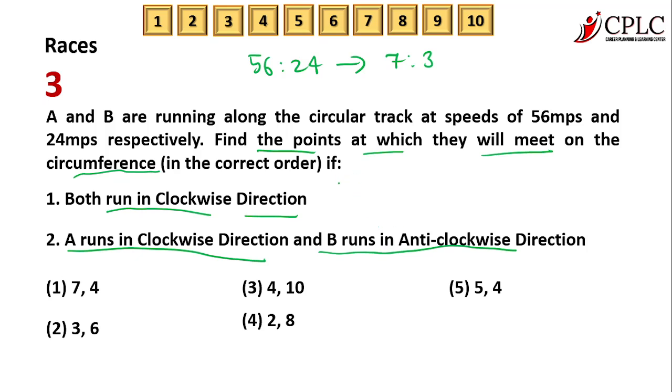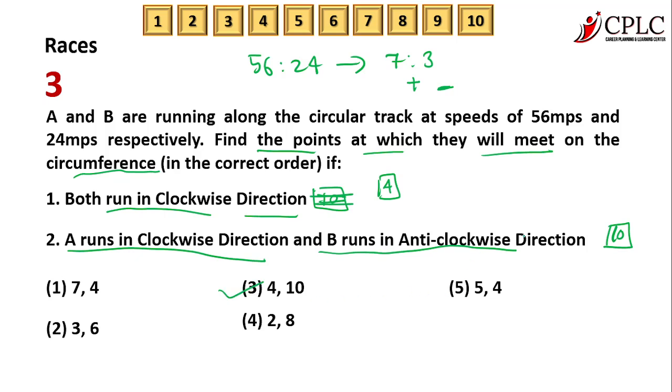So if they run in the same direction, obviously we know the formula. Whatever is the ratio of the speeds, we have to add them. So obviously 10 points they should meet. Sorry, in the same direction we have to subtract them. My bad. So 7 minus 3 is 4 points they will meet. And in the opposite direction, because one clockwise, one anti-clockwise is the opposite direction, we have to add them. So they will meet in 4 points and 10 points respectively.